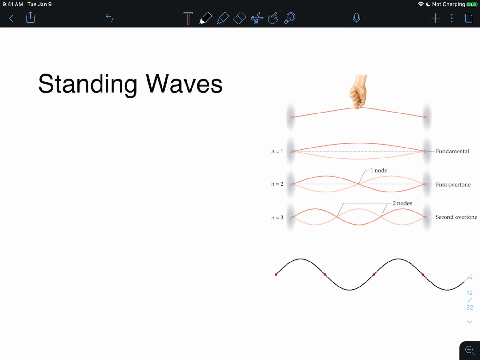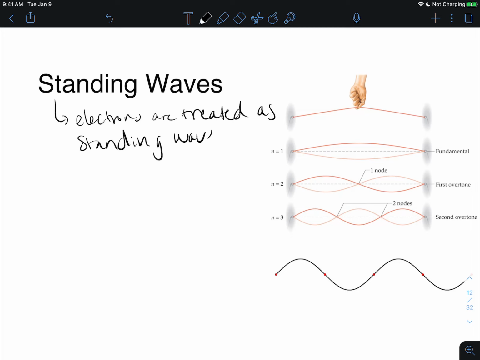Within quantum mechanics, electrons are treated as standing waves. I'm just going to put QM for quantum mechanics, just a little abbreviation as it takes a long time to write quantum mechanics. So when we think about a standing wave, we can think about it like a guitar string.